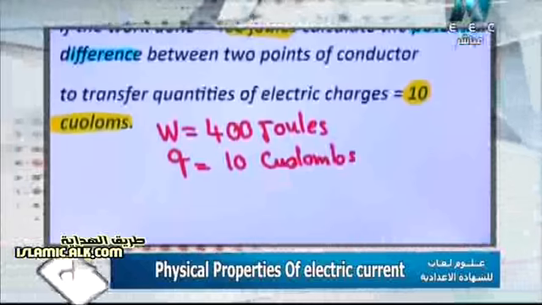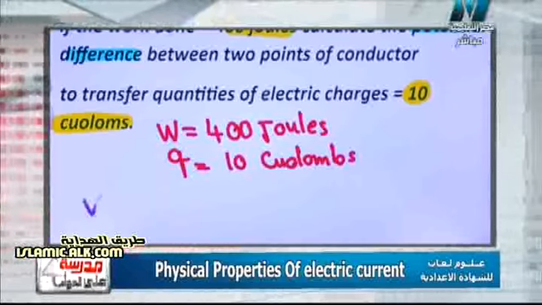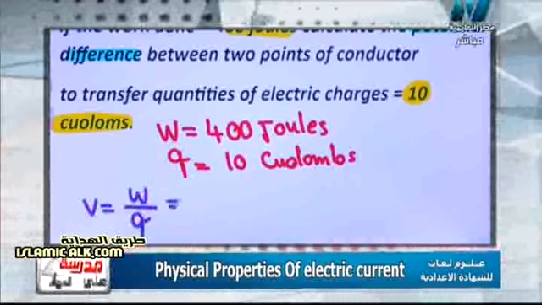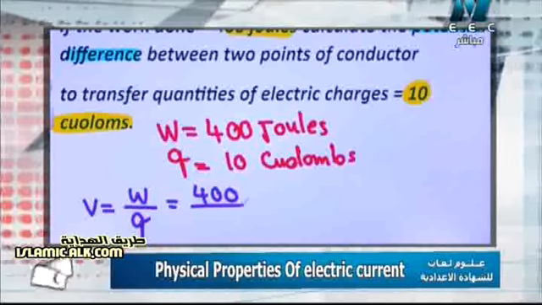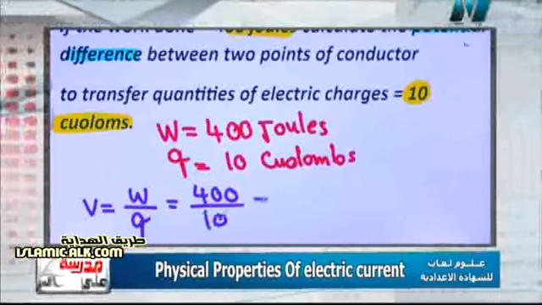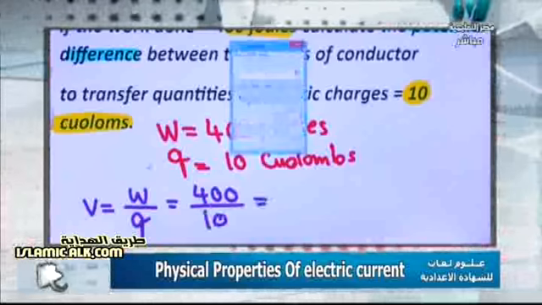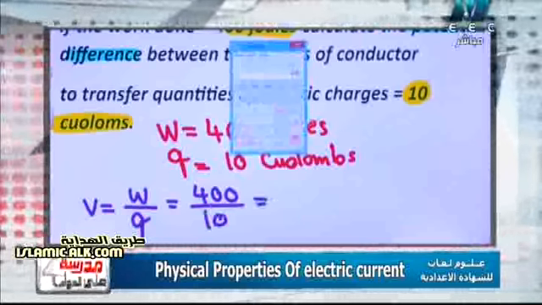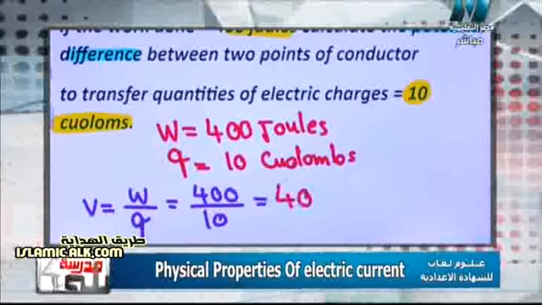Okay, so we know the potential difference V equals W over Q. So V equals 400 divided by 10 equals what? As you see, by using a calculator or by your mind as you like, 400 divided by 10 equals 40. 40 what?